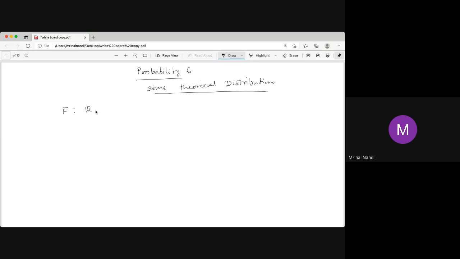from real number to real number such that F of minus infinity is 0, that is, the limit as x extends to minus infinity of F(x) is 0. F is actually not from 0, it is from 0 to 1 closed interval, so F(x) lies between 0 and 1.